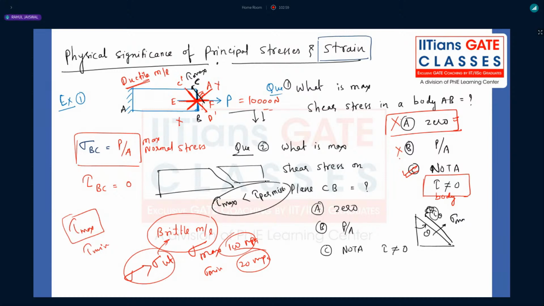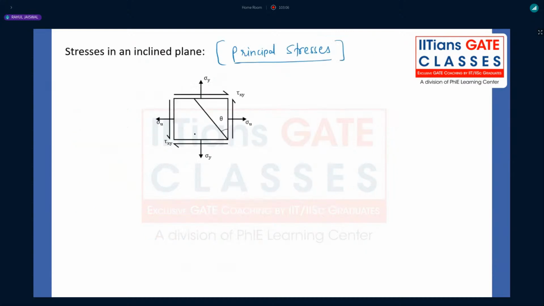Getting my point? Is it clear why we are studying the topic of principal stresses, or stresses on an inclined plane? First, we take one plane inclined at an angle theta, and we find one equation, sigma theta and tau theta, and then we say that these equations will give me the stress value at a particular plane inclined at an angle theta.